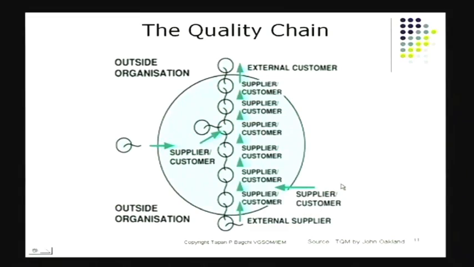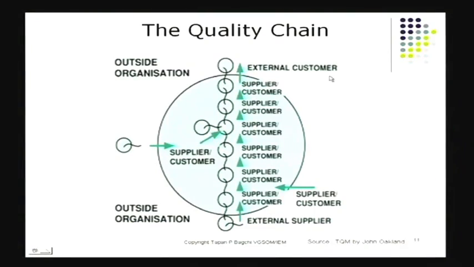If you look at the full chain, the supply chain can also be looked at as a quality chain. You've got a number of suppliers and customers. Yes, the external customer is out there, right at the end there, and you've got the external supplier here. In between are all the intermediate processing steps.